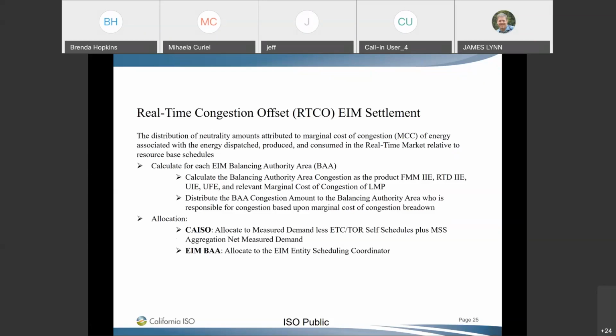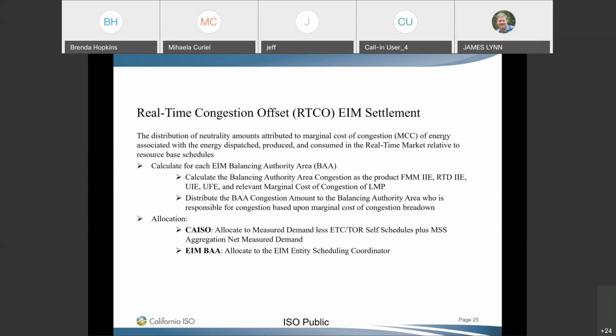If you want to see what the breakdown of that node is for each BAA, then you would have to open up each BAA's bill determinant file, find that node, and you can say, okay, my congestion of, let's say, $500 shows that 100 is for BANC, 200 is ISO, 100 is Turlock, and then there's another 200 that is Nevada.